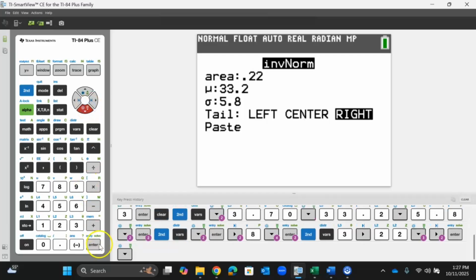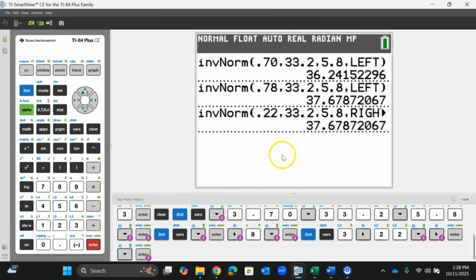So I'm going to paste this, and as you can see, we get the same solution. This is only finding the boundary line. This boundary line of roughly 37.68 seconds has an area of 78% to the left of it under the curve and an area of 22% to the right.